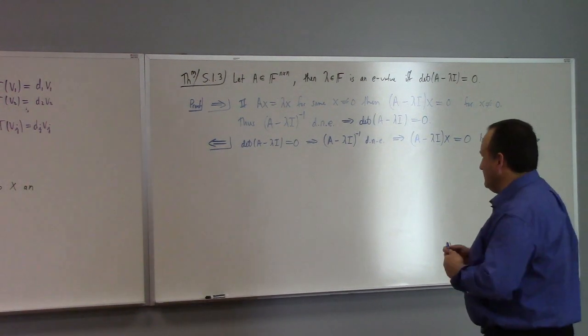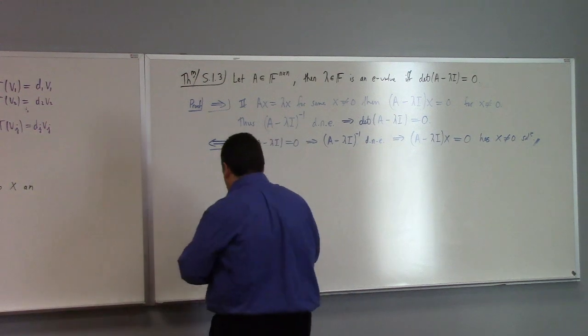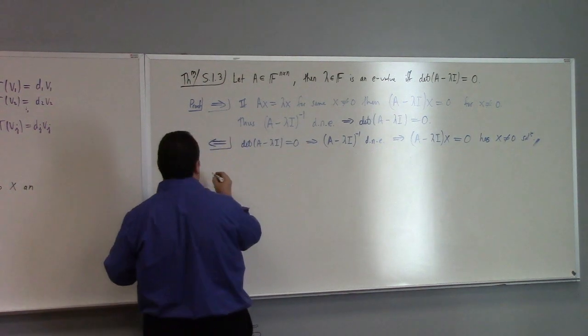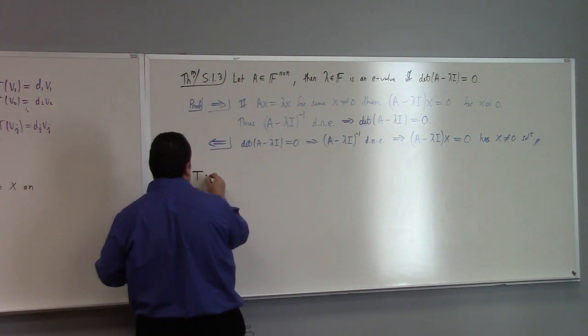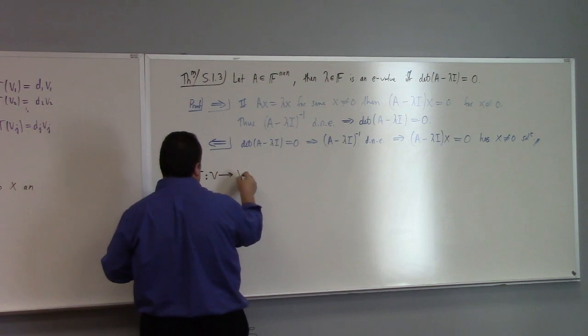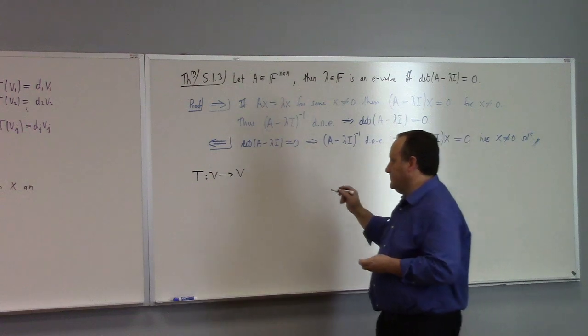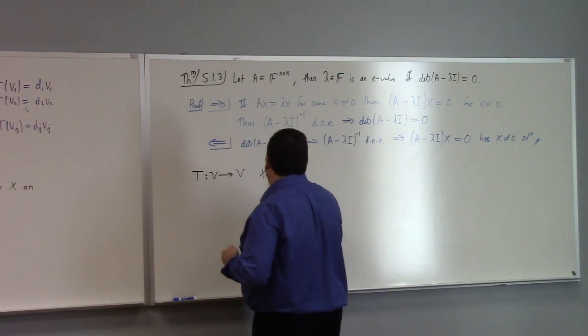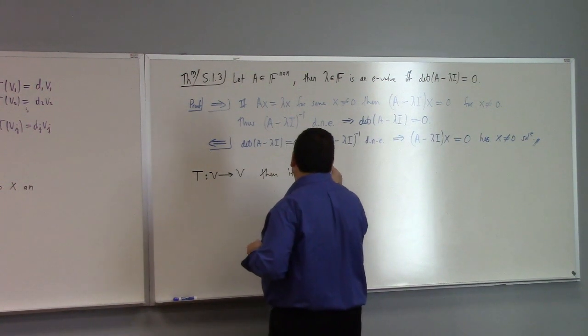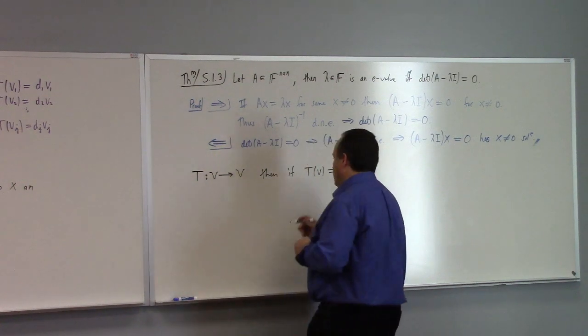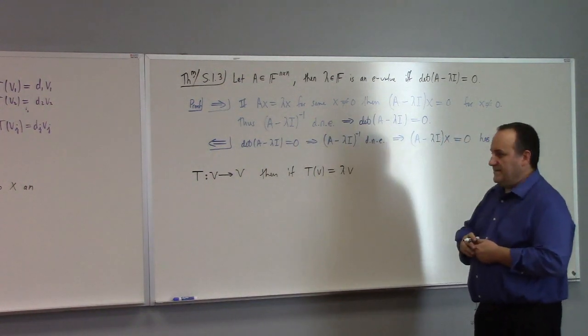Now, let's just work through something here. So if we have T, a linear transformation from V to V, right? Then if T of V is equal to lambda V, that tells us what?